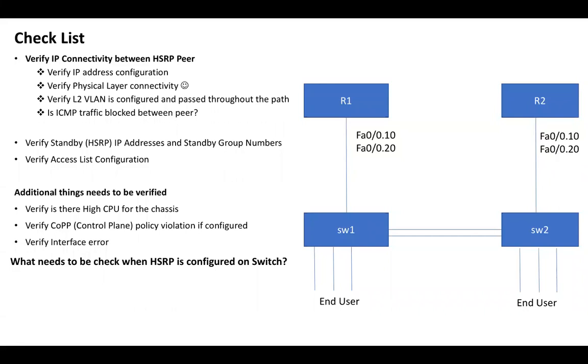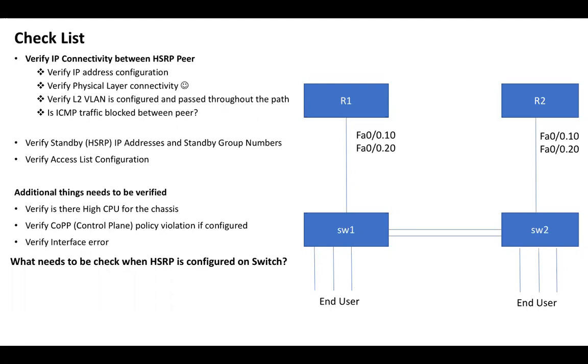for HSRP packets. Okay, what needs to be checked if you have configured HSRP on a switch? Checks will be the same. Only thing is we have to make sure the SVI interface is up.